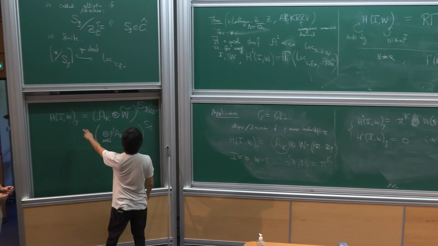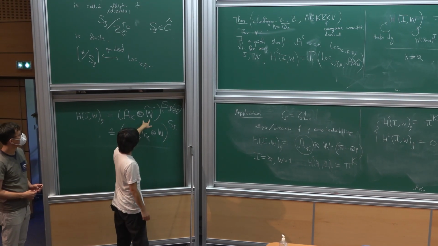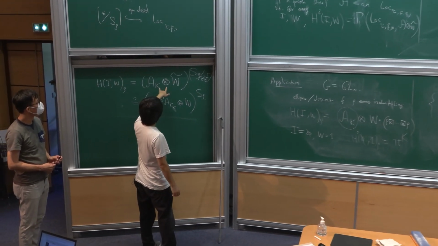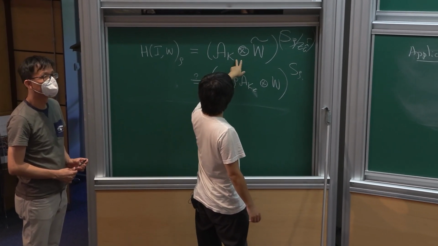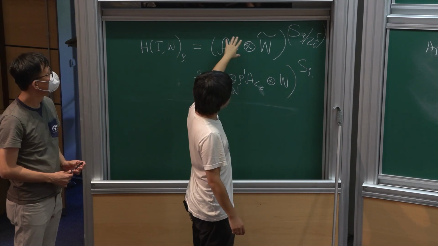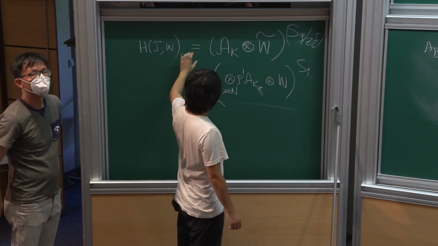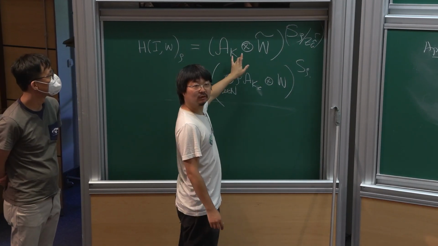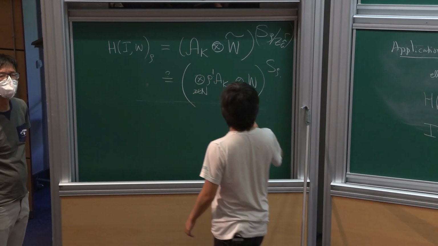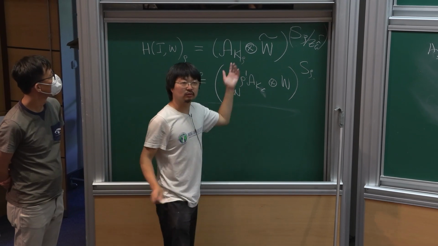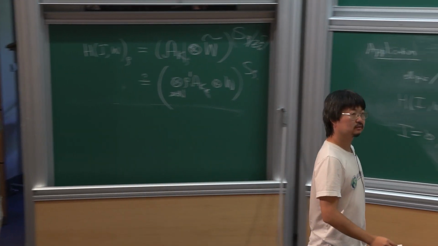In the right hand side, A_K and W_K don't depend on rho, and everything involving rho is just X_rho. Why is it? Yeah, this is a sheaf on the stack, so basically I take its fiber over, maybe I also restrict this to rho.